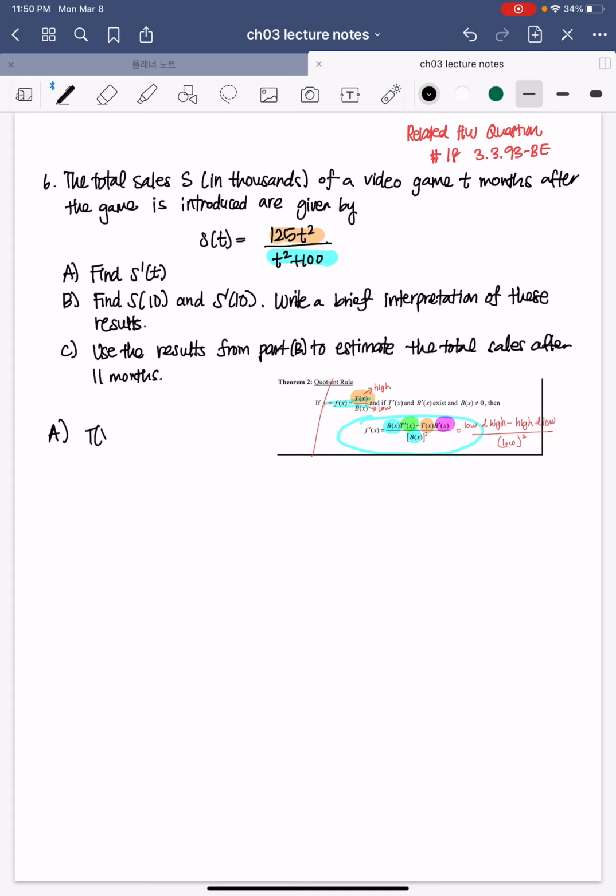My t of x is 125t squared. My b of x is t squared plus 100. So t prime of x, that's easy. 125 times 2 will give me 250t. B prime of x will give me 2t.